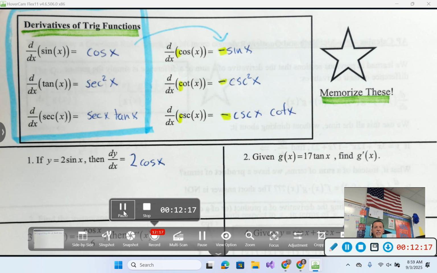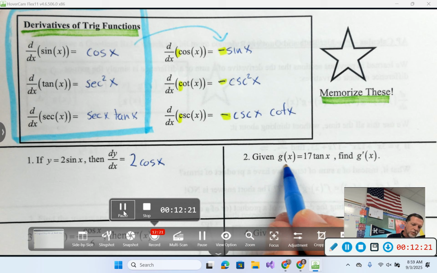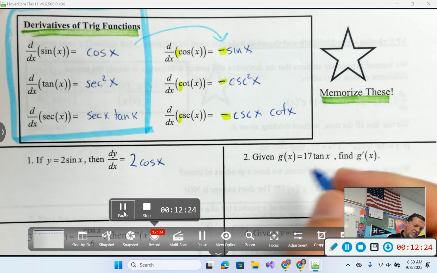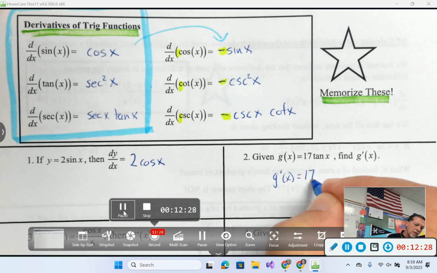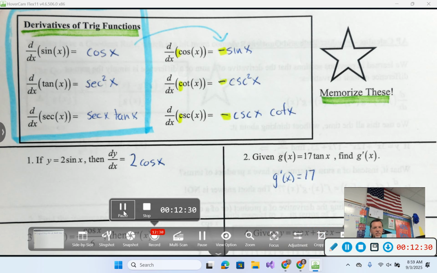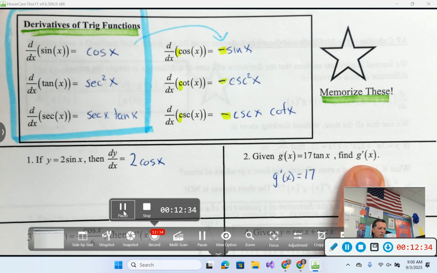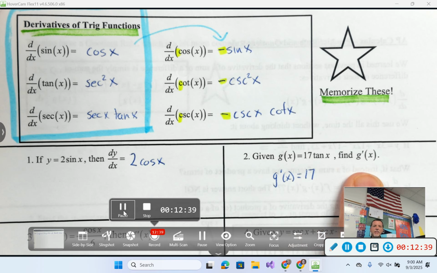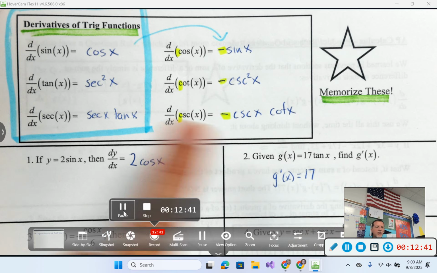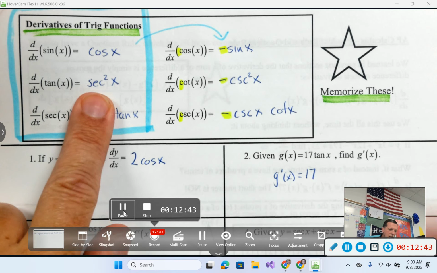That's all it is. Number 2, g of x is 17 tangent of x. Then g prime: 17 just goes along for the ride, and I want the derivative of tangent. Right now you're looking at the table, and that's fine. The derivative of tangent is secant squared.